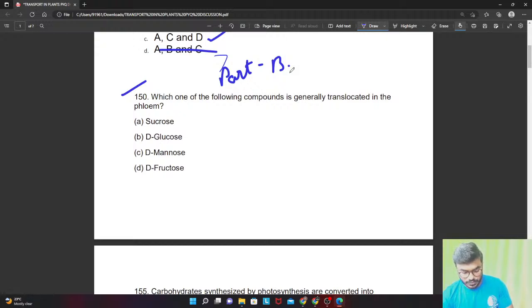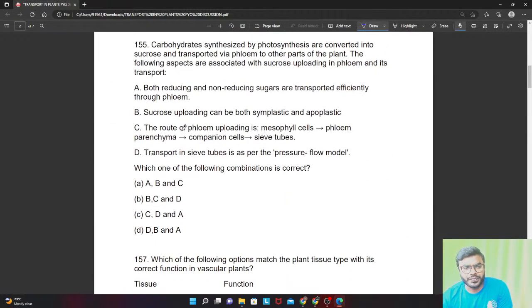Slowly. We all know that, friends. Which of the following compounds is generally translocated in the phloem? Obviously, sucrose. Very good, a direct question.